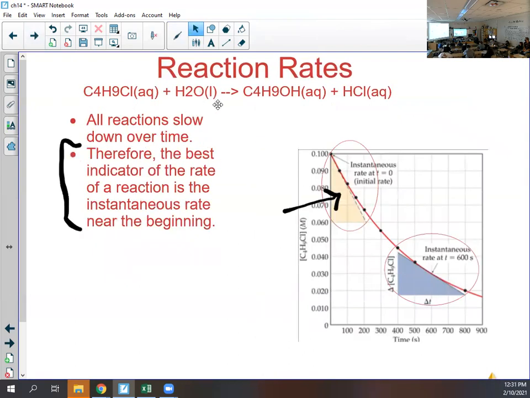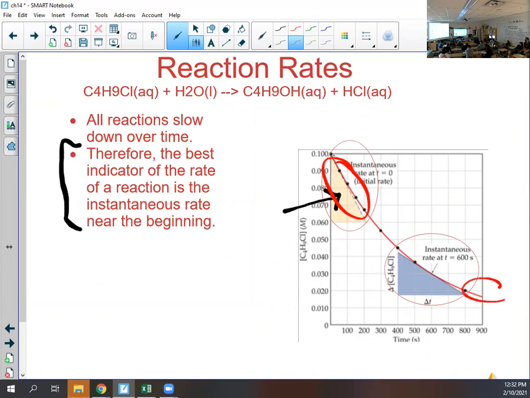All reactions slow down over time. Therefore, the best indicator of the rate of a reaction is the instantaneous rate near the beginning. So when we talk about the rate of a reaction, it's usually right at the very start, not when all the reactants are gone and they're really hard to find. We care more about the start.